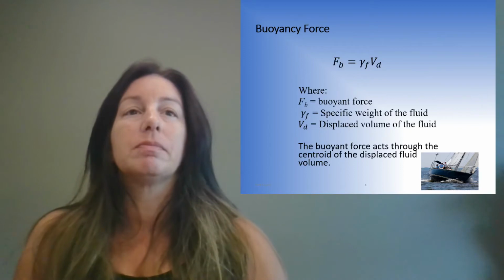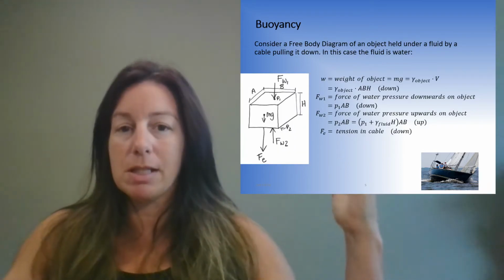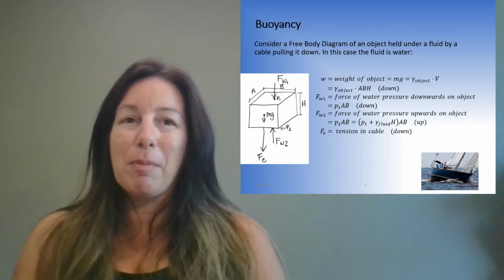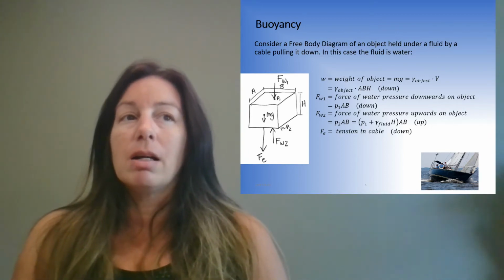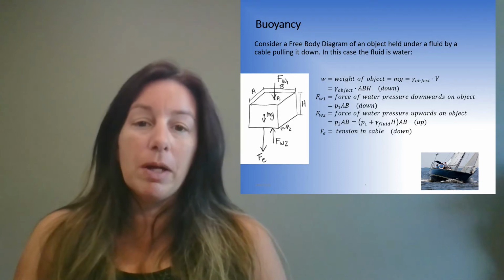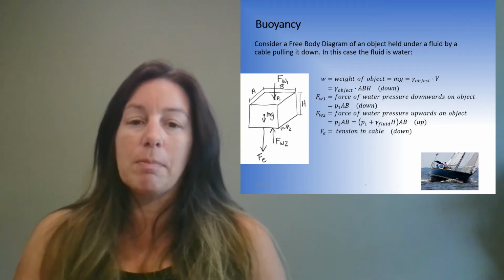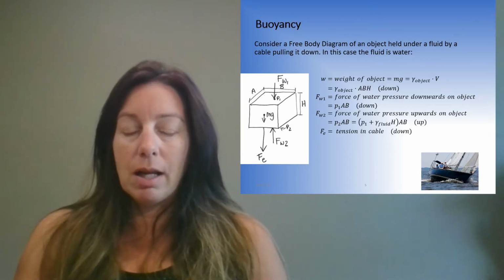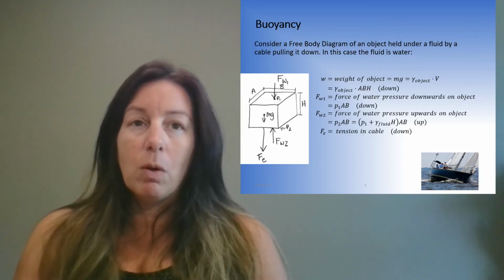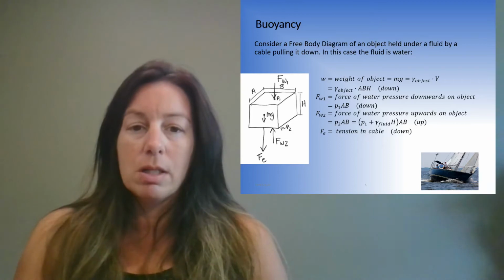Okay. Speaking of free body diagrams, here it is. Consider a free body diagram of this object held under fluid, which you visualize by a cable pulling it down. This is just a cube of some sort. So what do we have here?